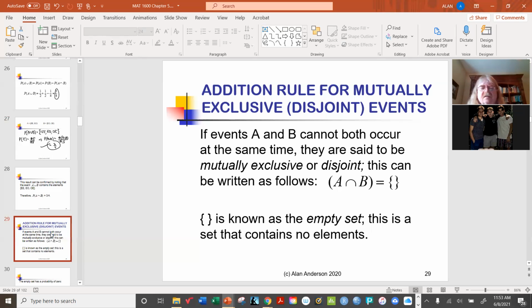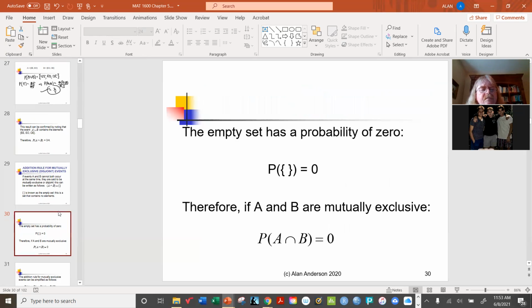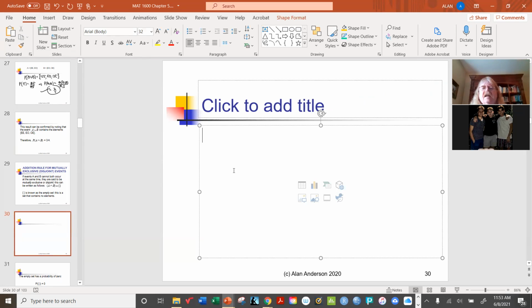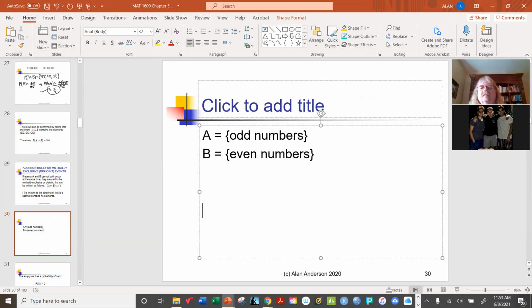So let me just give you a quick example of how this would work. Suppose that A is the set of all odd numbers, and B is the set of all even numbers. Well, do they have any elements in common?